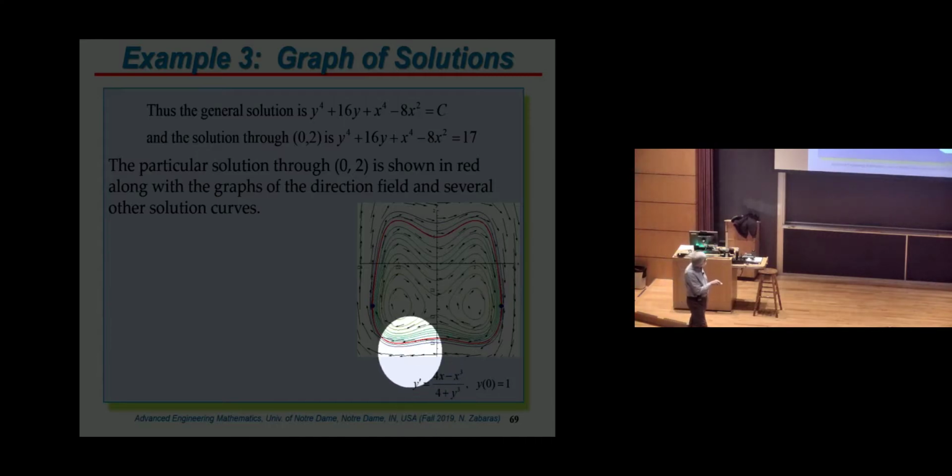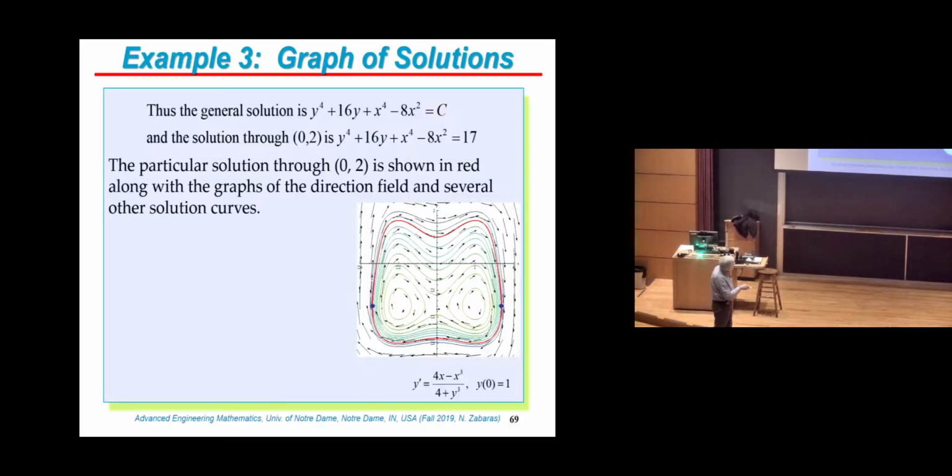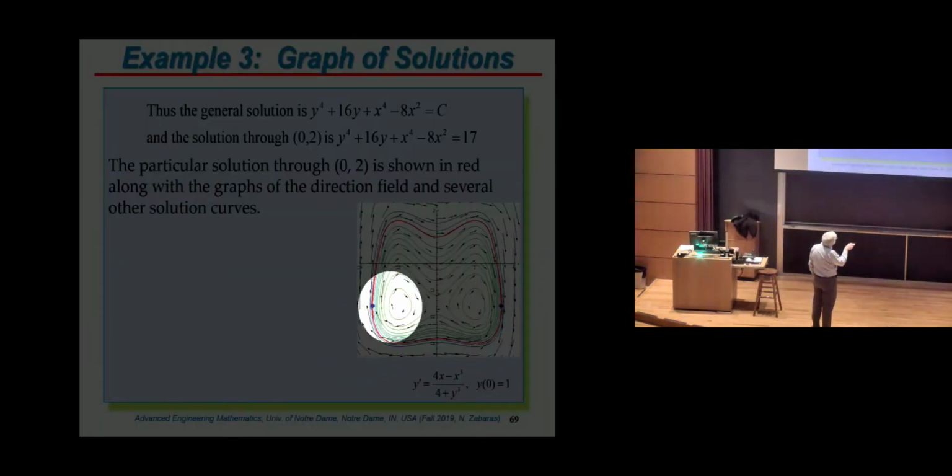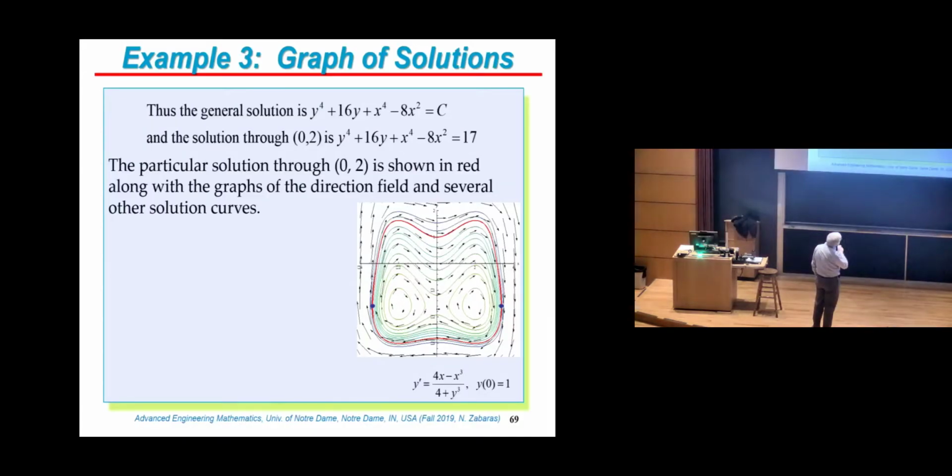There are some points there, these two dots, that correspond to points where the slope becomes infinite. Can you compute those points? How do you compute the points where the slope of the solution becomes infinite?